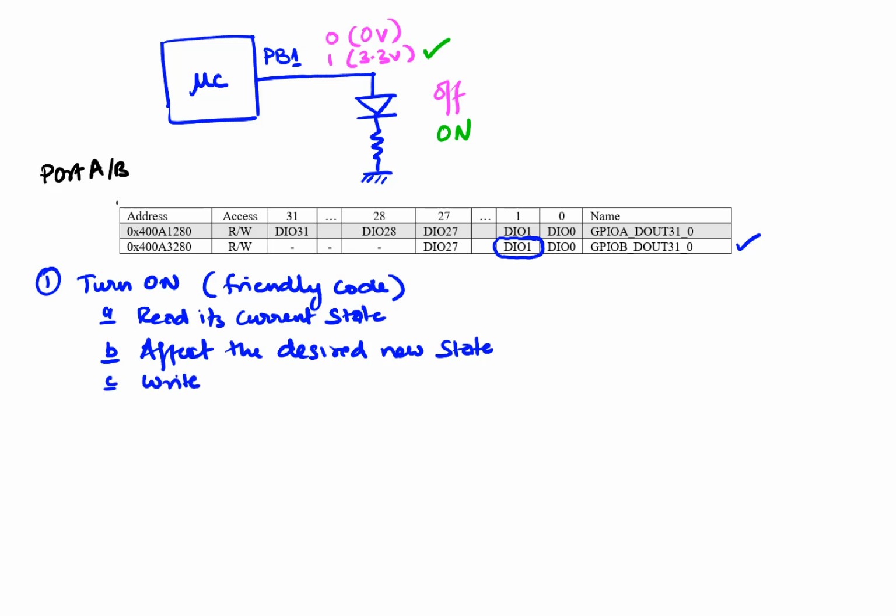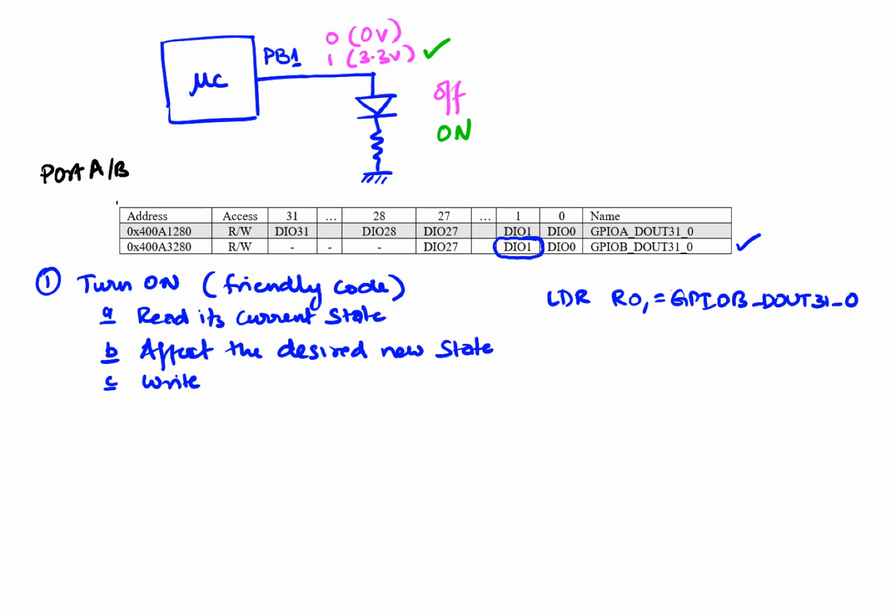So for us, we're going to write our code like this. We have LDR. We're going to get this register address into a general purpose register, and this is called our GPIOB_DOUT31_0.